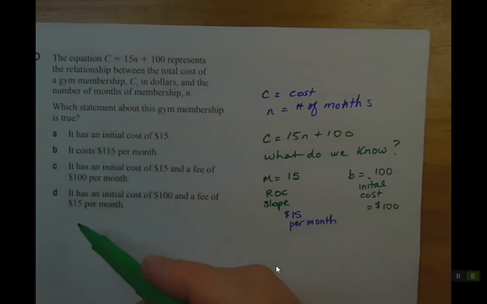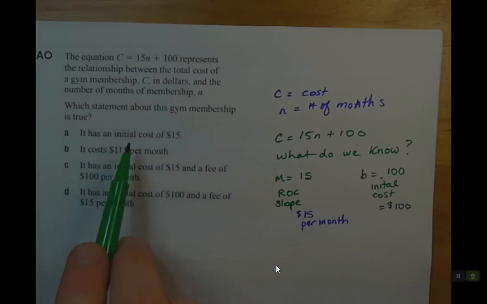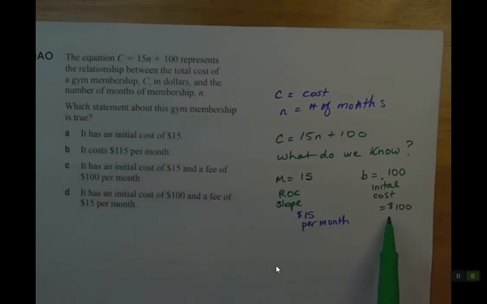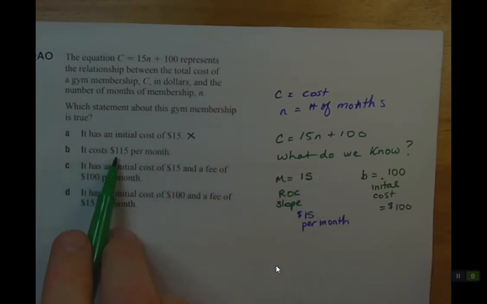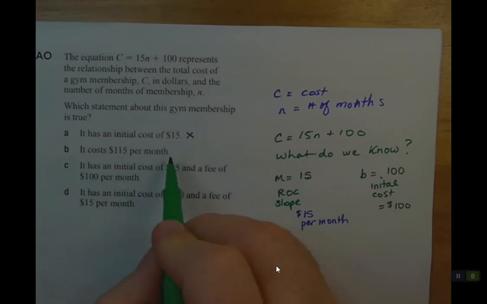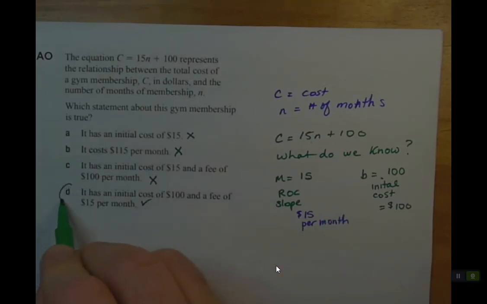So now we look at this and say, which statement is true? Is the initial cost $15? Is it cost $15 per month? Because it's only $15 per month, not $115. Is the initial cost $15 and the fee $15 per month? Is it an initial cost of $115 per month? Ding, ding, ding. You're right.